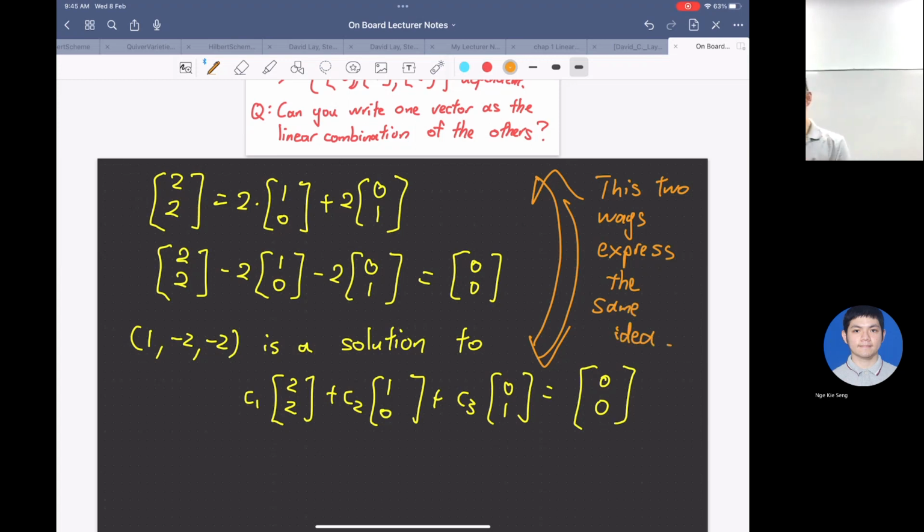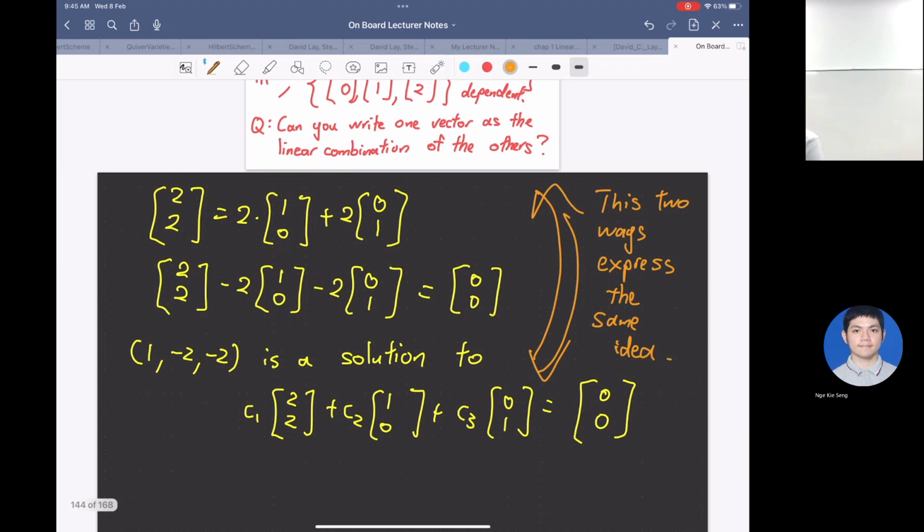To solve the vector equation is the same as asking whether a vector is a linear combination of the others.